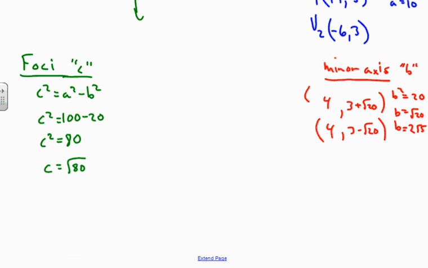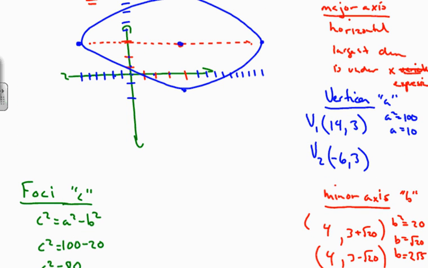Now, once again, the foci are on the major axis. So that means we're going to have two different foci. One is going to be the square root of 80 units to the right, C units to the right, and then the square root of 80 units to the left. So with that, we're going to define foci 1 and foci 2.